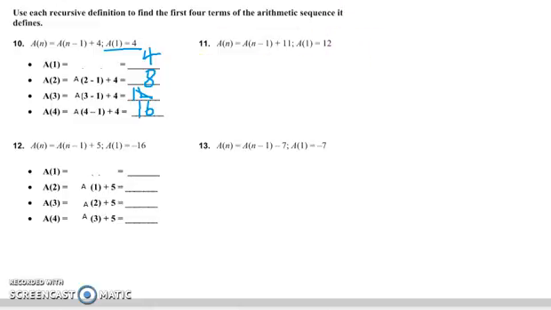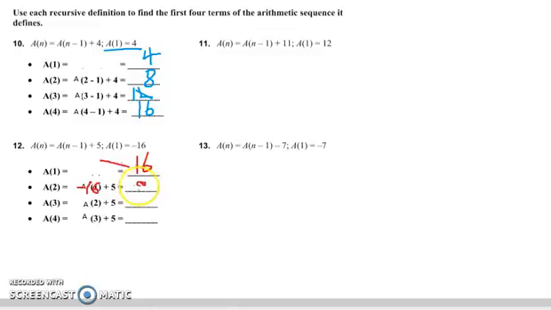So when you do something like 12, I'm just going to get this one started. A1 is given to you. That's going to be negative 16. So on A2, you have A1, which is negative 16, so it's negative 16 plus 5.